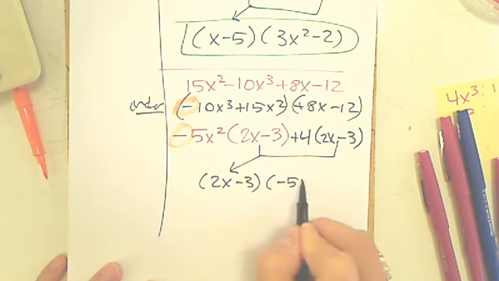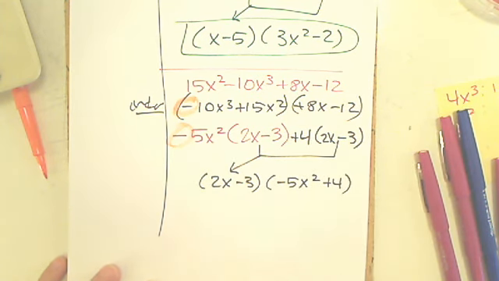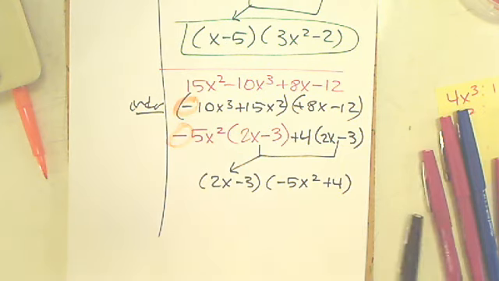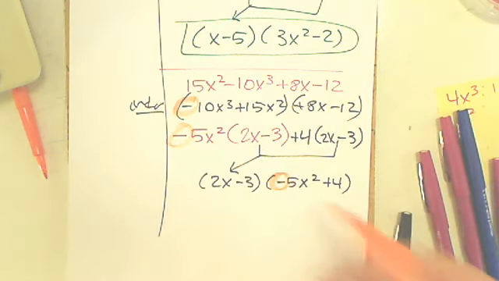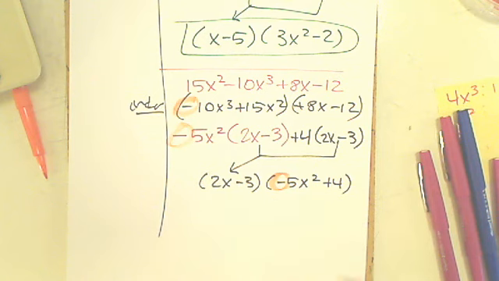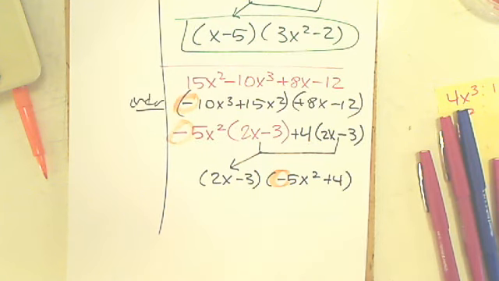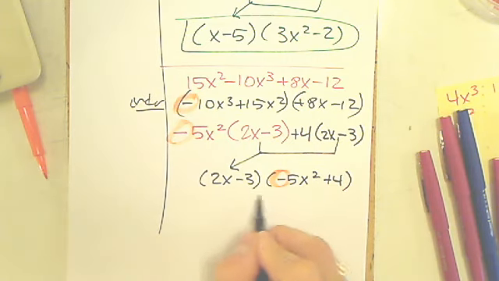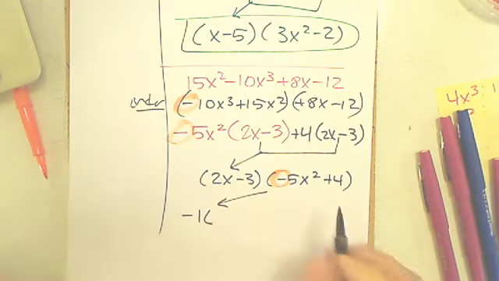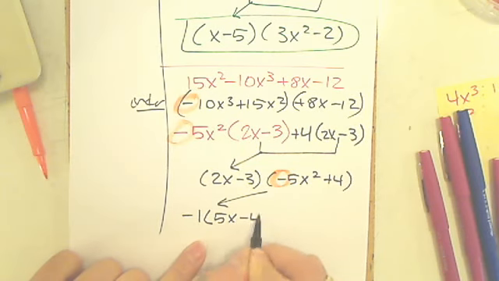Negative 5x squared plus 4. Now, if I were you, I would not have this negative sign right here. How do I make that positive again? Divide by negative 1. So I can take out a negative 1, right? Then I have 5x minus 4.